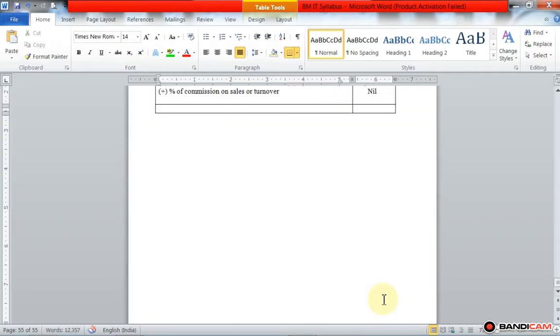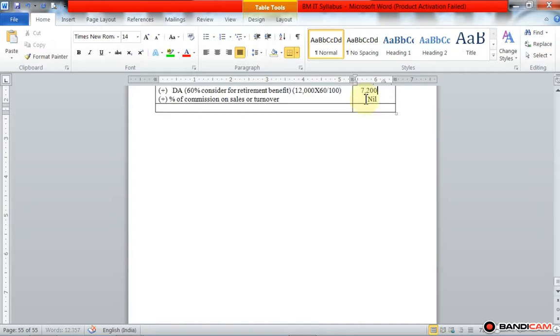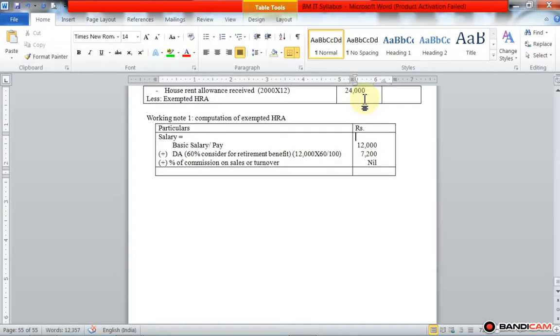Now make a total of the amount column. We get the salary for the purpose of HRA. So here salary for the purpose of HRA is rupees 19,200.